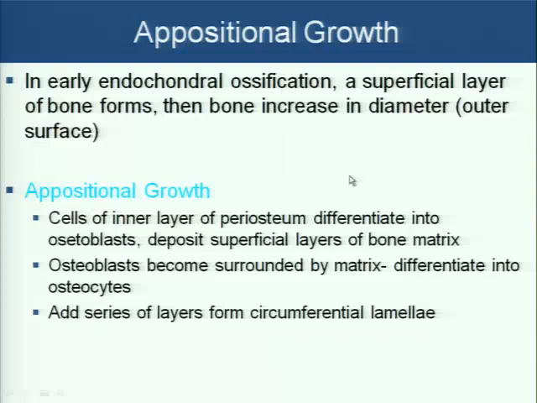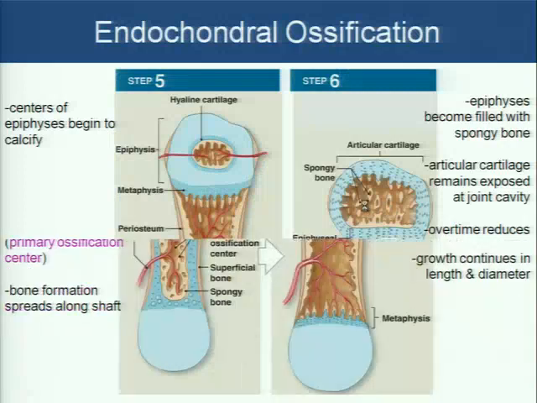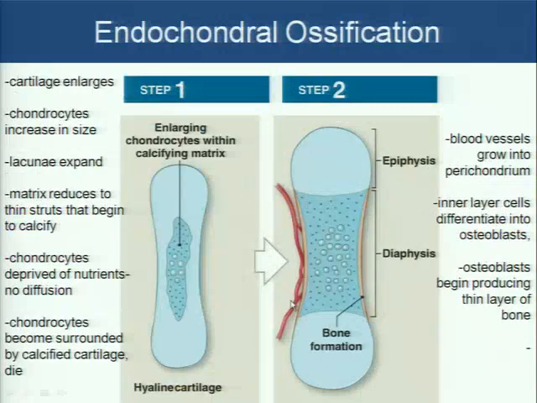Appositional growth is part of endochondral ossification. Anytime you hear appositional growth, it means it's growing out like this, increasing the diameter. If we were to go back, it would be right here, where you start to see this outer layer producing the thin layer of bone. This is where, in step 2, appositional growth occurs.